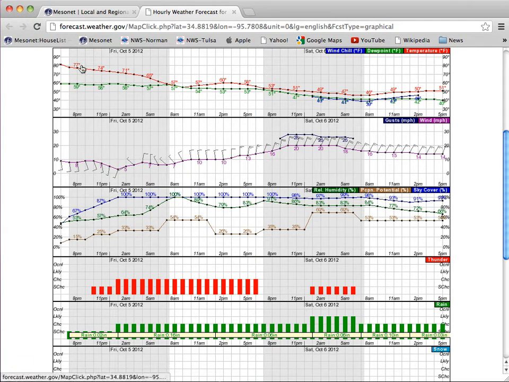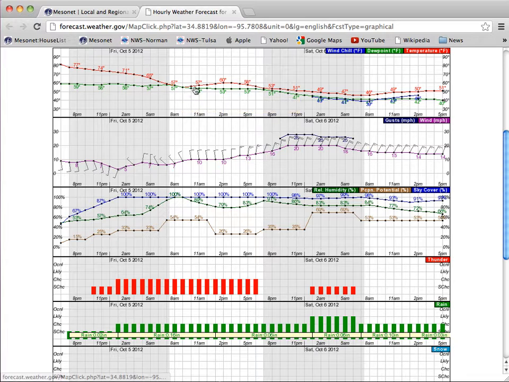graph. Our top graph is for temperature, and it starts over at 6 p.m. on Thursday, October 4th. We can see that as of 7 p.m., the forecast temperature is 80 degrees, and we can see that falling through the night in the gray area to a low down around 56 at 9 a.m. Friday morning.